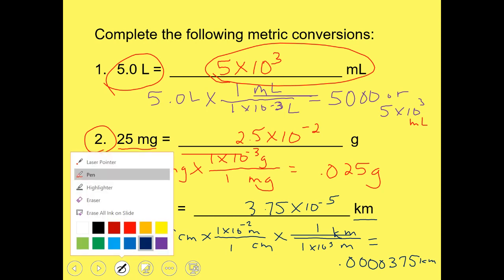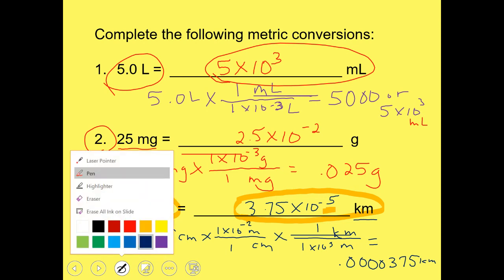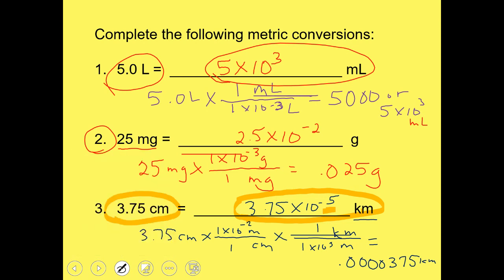Now, this is a really small number. A kilometer is a large unit of measure, so you should end up with a small answer. So it makes sense. You always want to look at your answers and think, does that make sense?